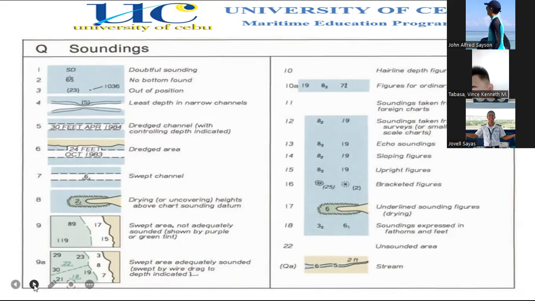10, hairline depth figures. 10A, figures for ordinary soundings. 11, soundings taken from foreign charts. 12, soundings taken from older surveys or smaller scale charts. 13, echo soundings. 14, sloping figures.